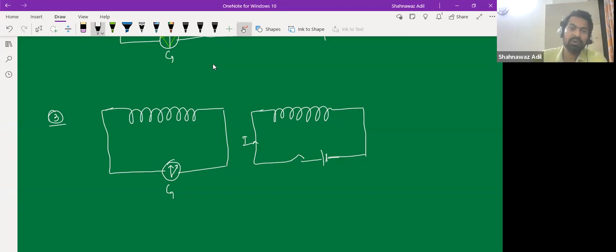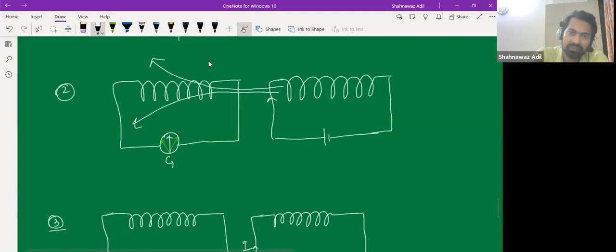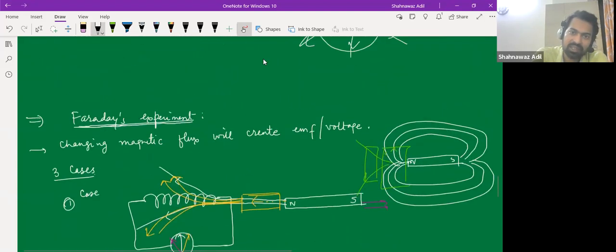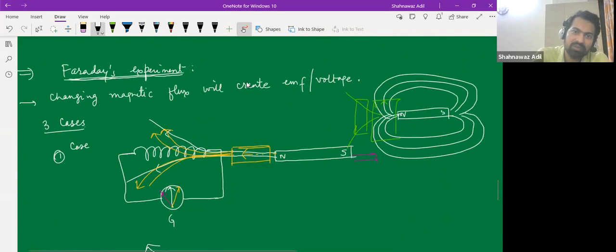So good. So, what did we understand in these three experiments? What did we understand, guys? Now, when the magnetic flux is changed, it will create a deflection in the galvanometer. Yeah, absolutely right.